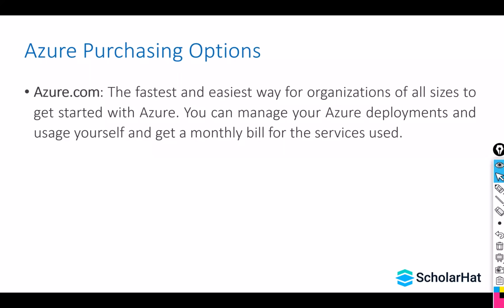This is the fastest and easiest way for any organization or any individual to purchase Azure for their own use. So from azure.com directly, you can purchase the Azure subscription, and based upon the usage and the services you are using, you have to pay monthly. This is the direct way to purchase.